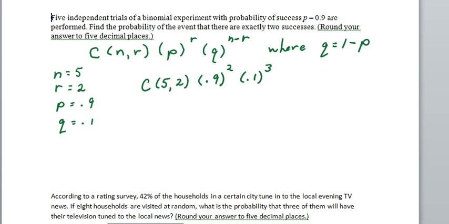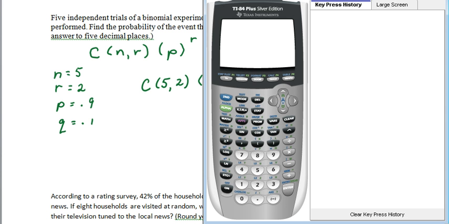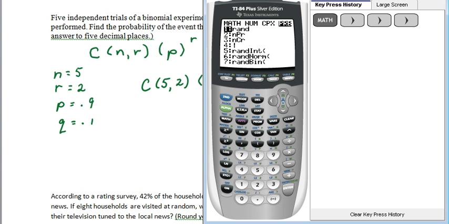And we can pull up the graphing calculator, and this time I'll go to math, over to prob, which is 3 right arrows, and I forgot to initially hit the 5, and so I went second clear, and we'll start again.